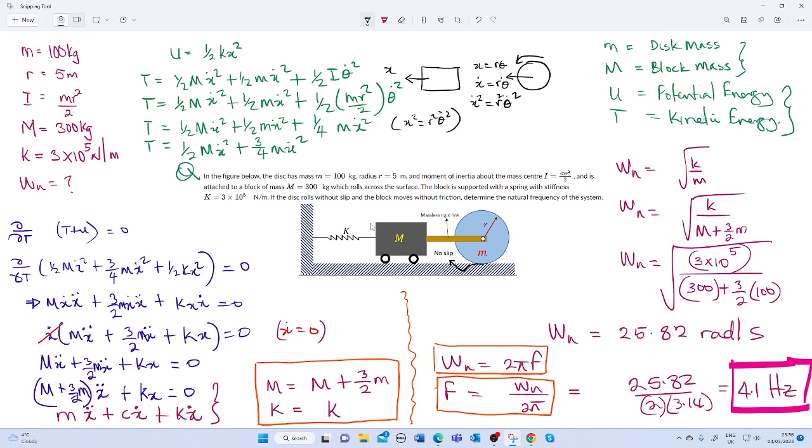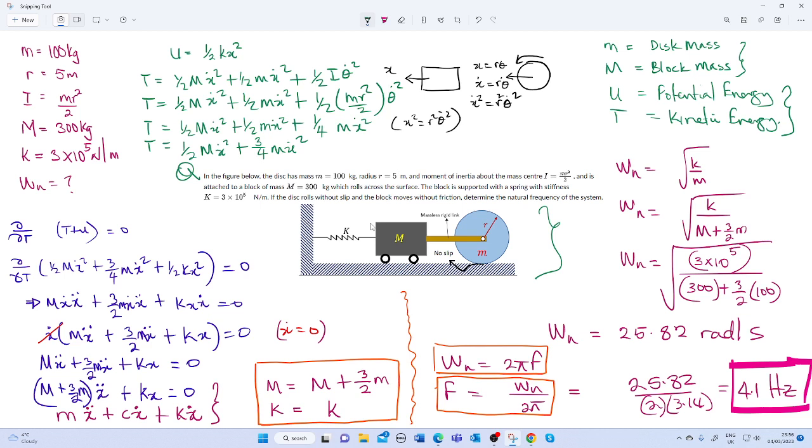The block is supported with a spring with a stiffness of K equals 3 times 10 to the power 5 Newton per meter. If the disk rolls without slipping and the block moves without friction, calculate the natural frequency of the whole system. That is, calculating the natural frequency of the whole system here, represented in the schematic diagram.